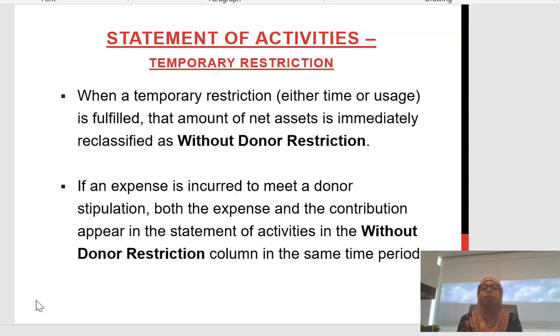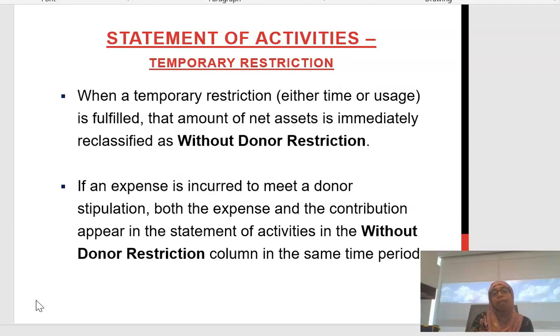Now here you will see one important thing in the statement of activities. You will see separate columns to list all those changes with donor restrictions and without donor restrictions. Now remember, when a donor donates some cash or any type of items with some restrictions, we list it under with restrictions.